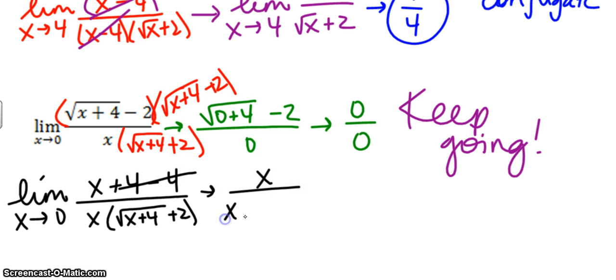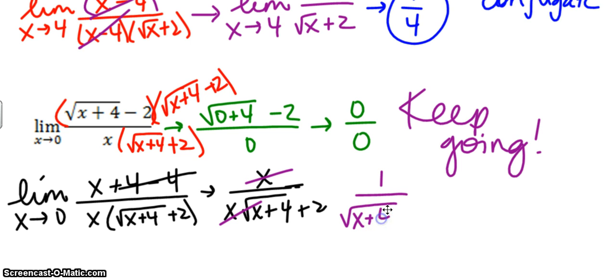I get x over x times the square root of x plus 4 plus 2. Well, now these x's are going to cancel out, and I'm left with 1 over the square root of x plus 4 plus 2.